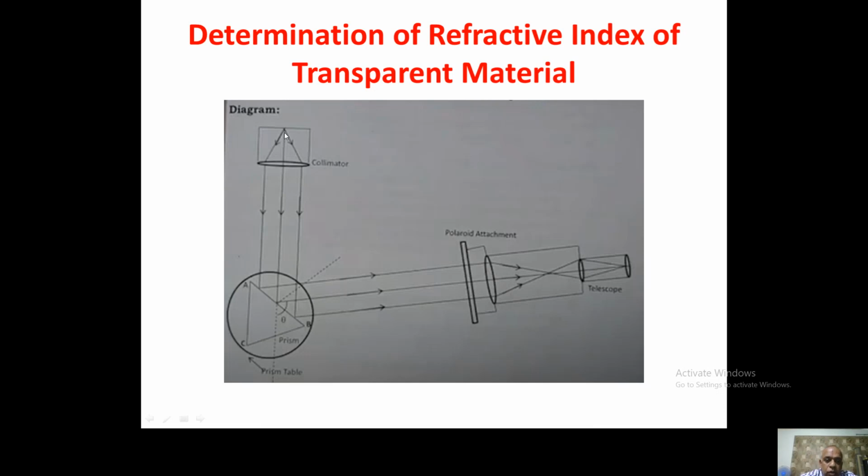This is the collimator, where light falls on the prism and is reflected. Here is the polarizer, and this is the telescope. Through this telescope one can see how unpolarized light is polarized by reflection.